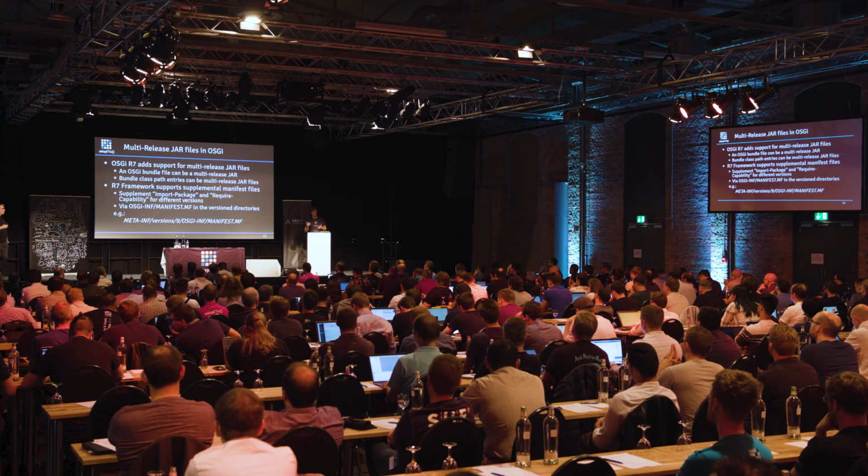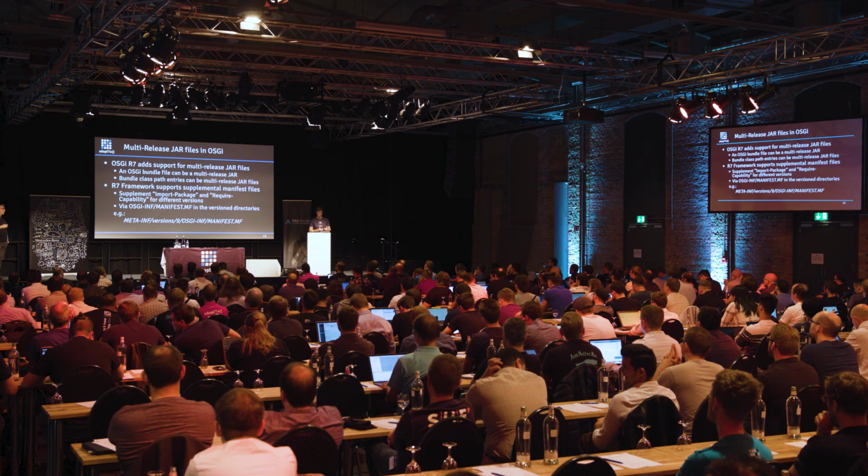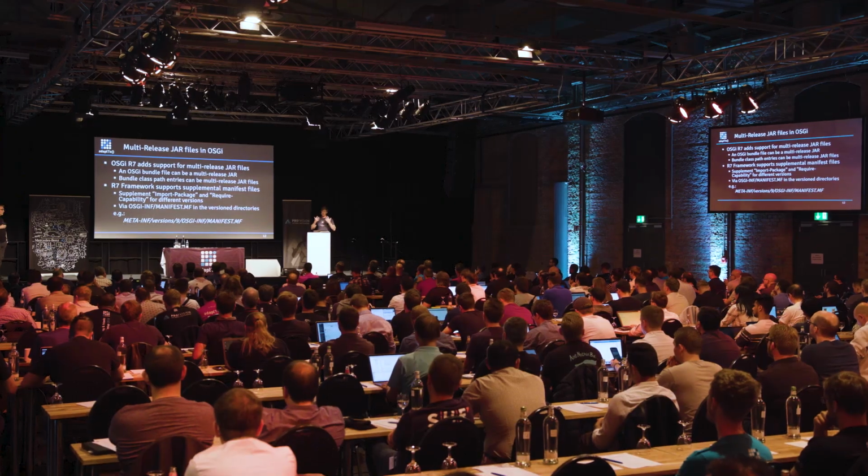Now if you install a bundle that is multi-release true, we will look into the matching META-INF versions directory for an OSGI-INF manifest. If it's there, we take the Import-Package and Require-Capability headers, if you have any in them, and substitute them in. This way you can adapt your jar to different Java versions in one bundle.